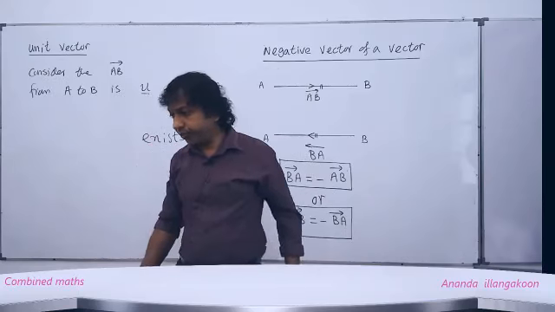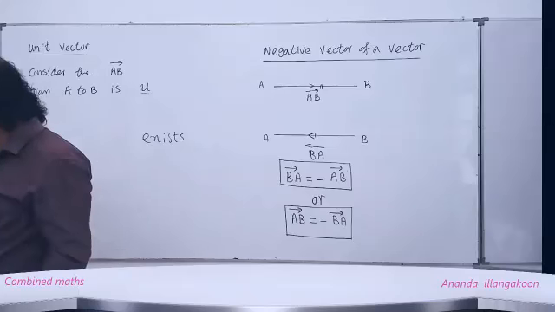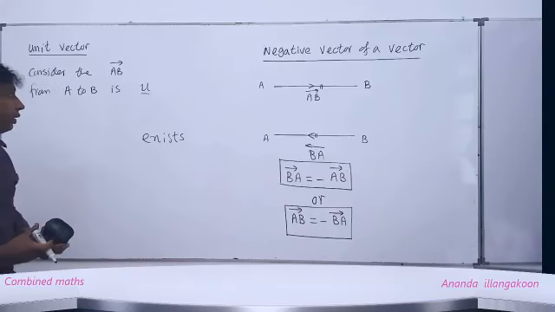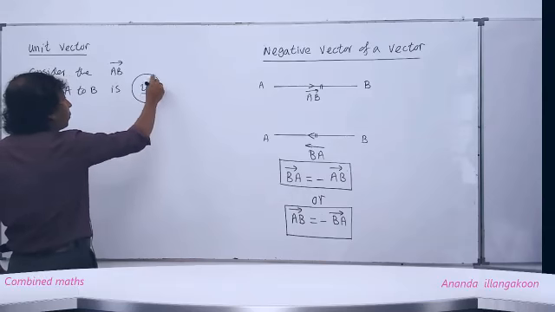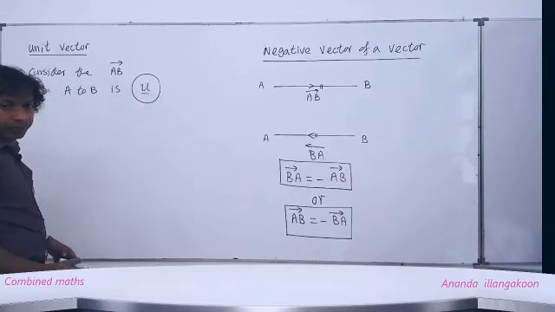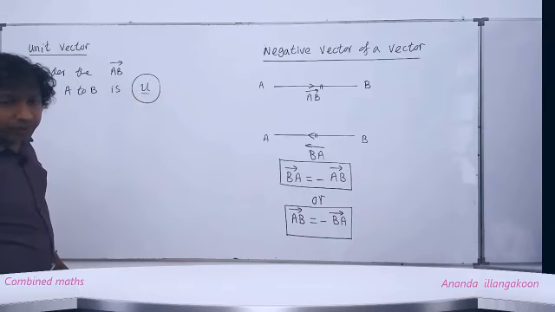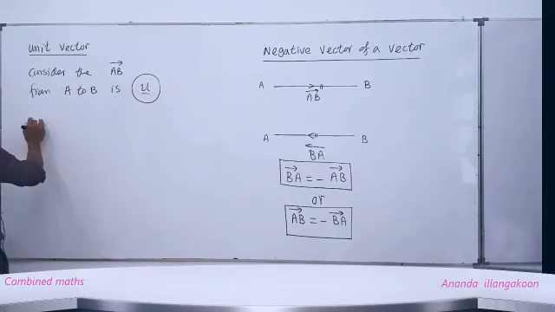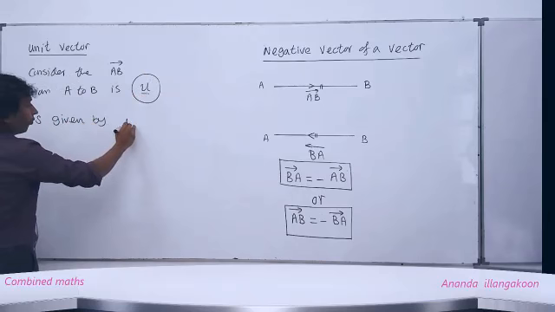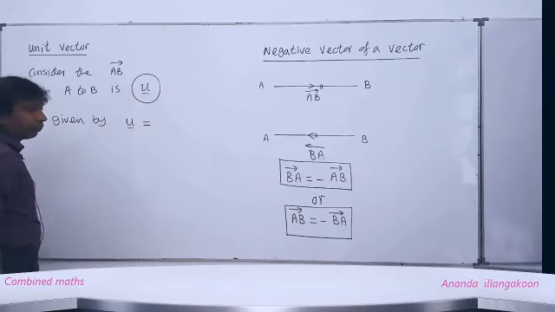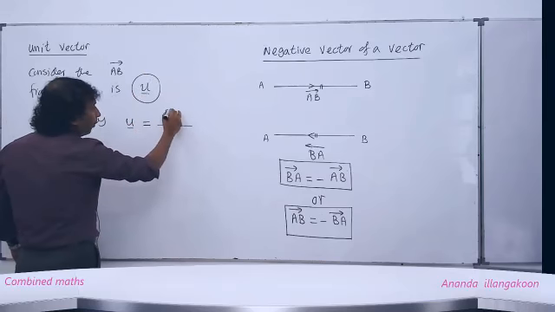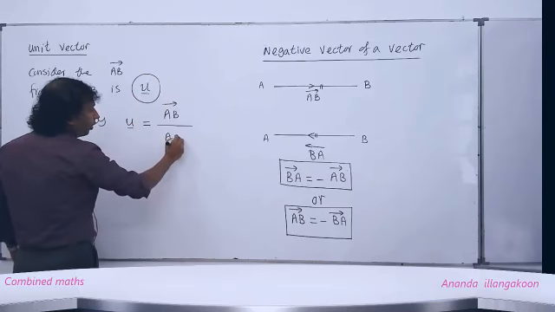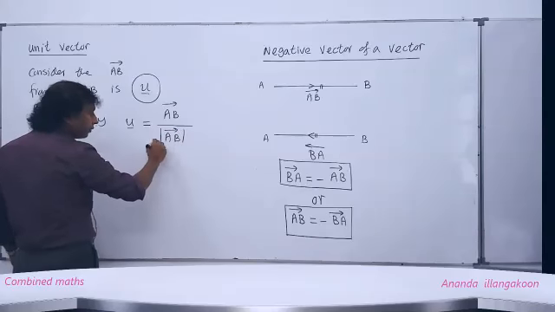Then the unit vector, simple U, underline that, is given by U equals AB vector divided by AB vector modulus.